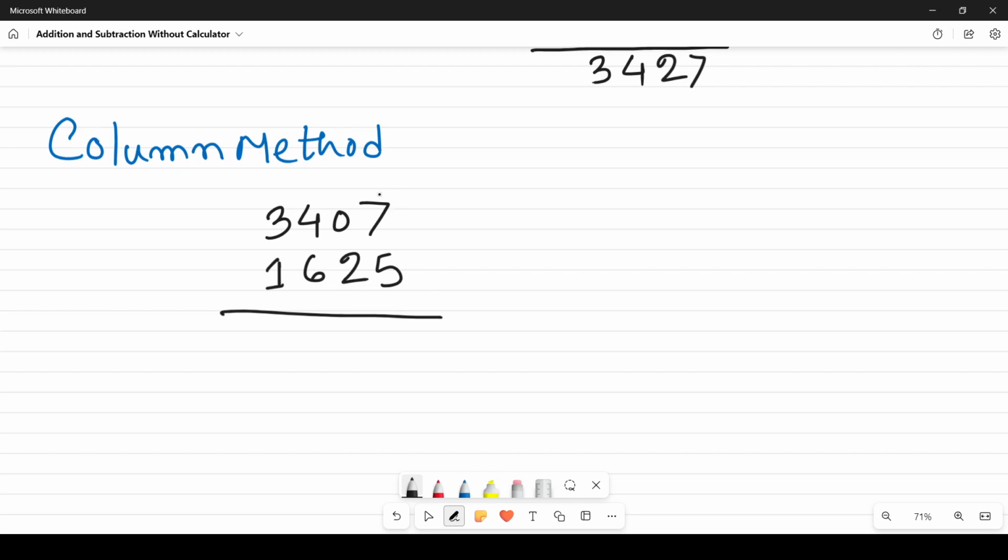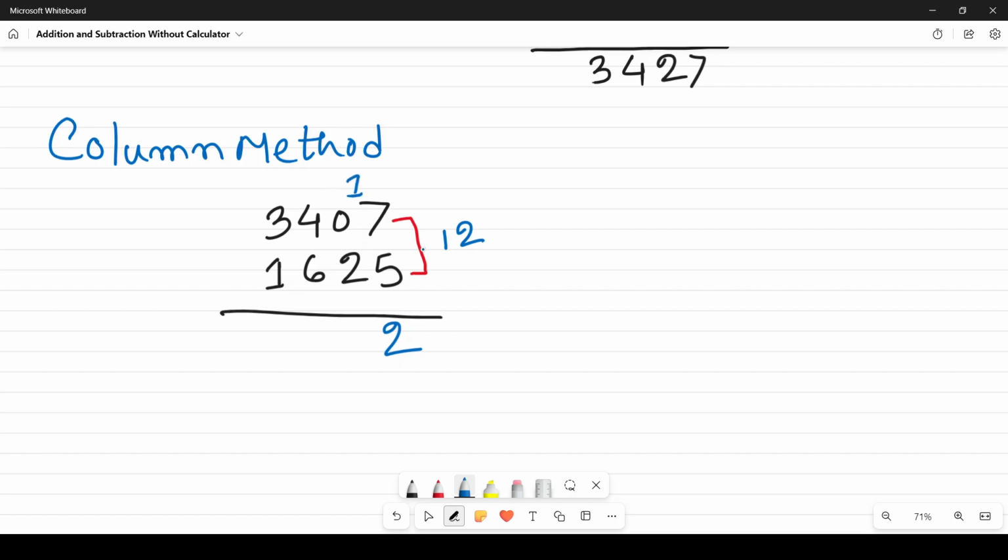Let's add these two numbers first. What do we have? 7 plus 5 is 8, 9, 10, 11, 12. In ones we put the number 2, and we have this remaining 1.